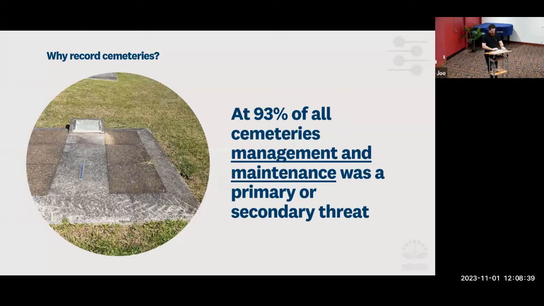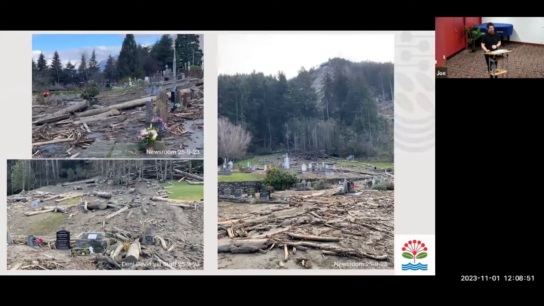So in the course of writing this talk, something really unfortunate happened, but I thought was also illustrative of a larger point to do with why we should record cemeteries. Queenstown Cemetery in September. So Queenstown experienced a severe adverse weather event with torrential rainfall, localized flooding, slips and subsidence. This instance happened at Queenstown Cemetery.